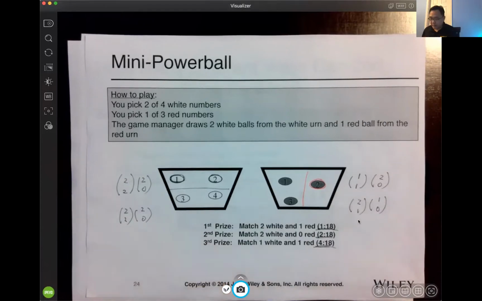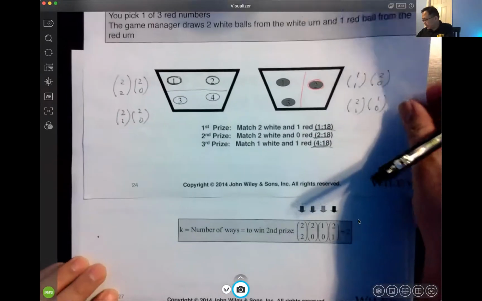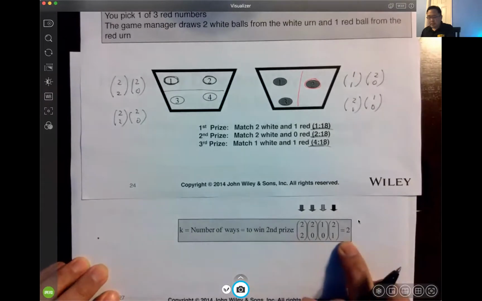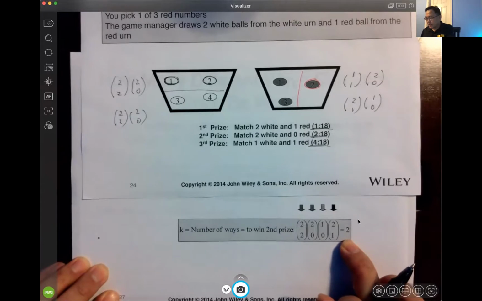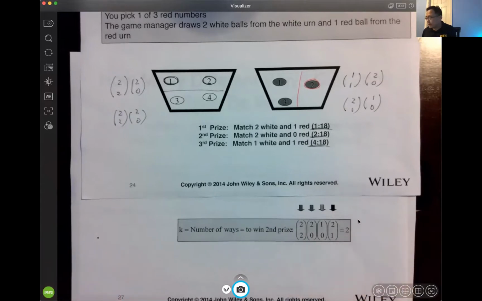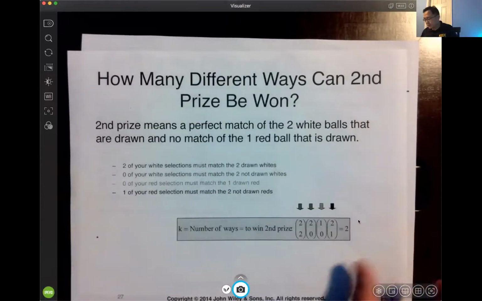The red ball didn't match. So you multiply them together, equal to 2. So there are two ways that you could win the second prize.